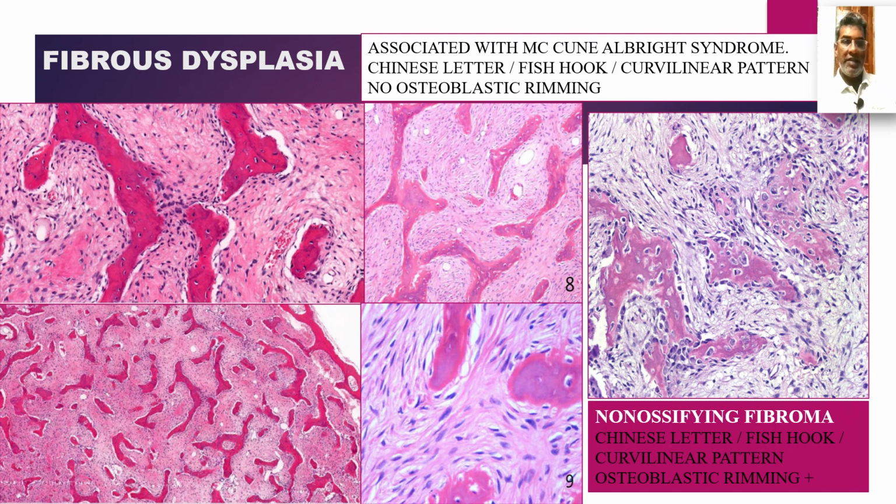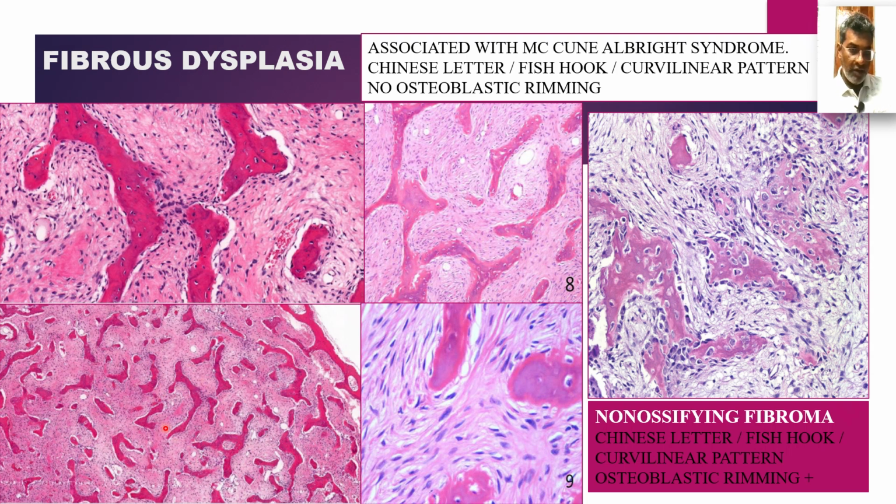In this slide, we will discuss fibrous dysplasia, which is associated with McCune-Albright syndrome. If you see the microscopy, you can appreciate all these. These are all trabecular, right? Everything is having a characteristic feature.